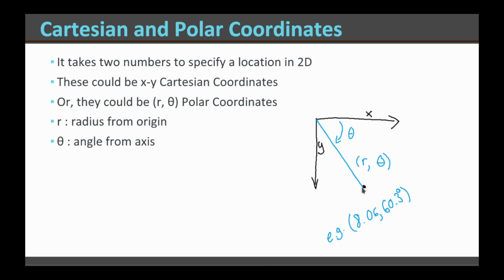So if we had r and 180, or if this is r, if we had r divided by 2 and 180, the point would be right here. Right, so we're just having a different way of encoding where positions are. So r is the radius from the origin, and theta is the angle from the axis.